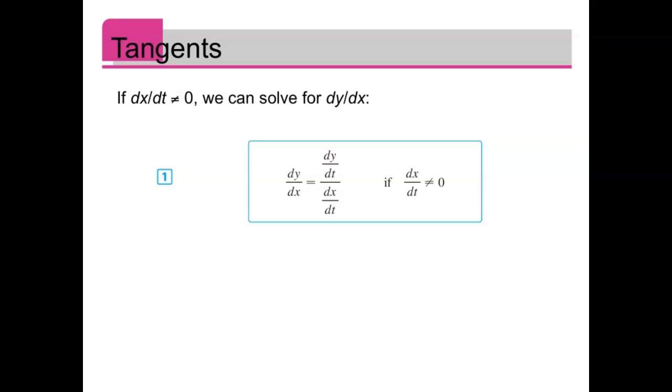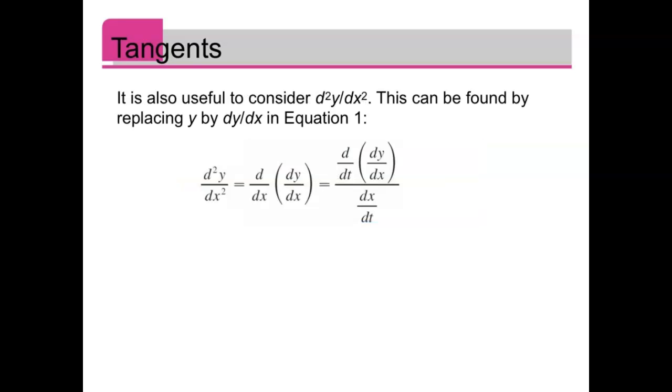All right, so let's go ahead and see how this works. Oh, sorry, before we do that, sometimes we're going to want the second derivative. Remember, that's just Leibniz notation for y double prime. And so all we have to do to find the second derivative is replace y in the derivative function with dy dx.